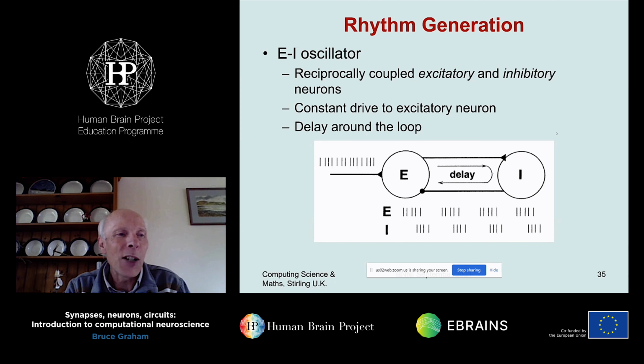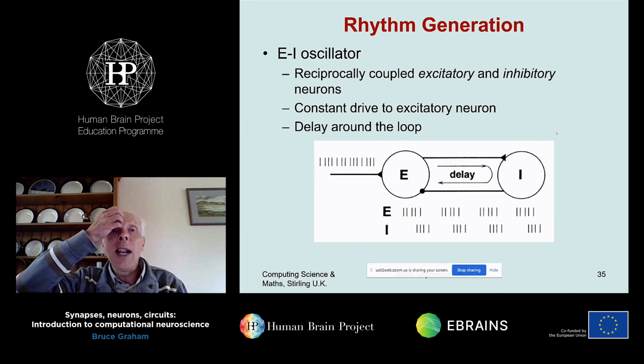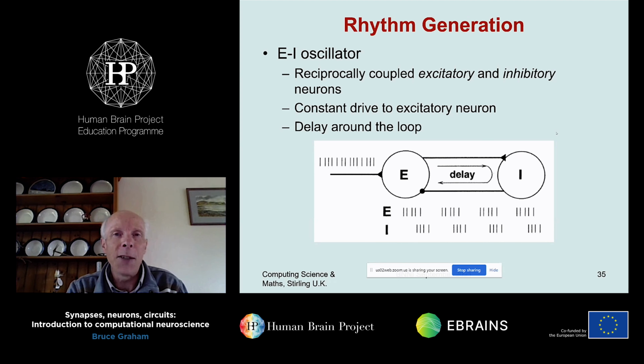The alternative to such random firing, though, is regular firing, and the brain does exhibit a lot of regularity in its firing. So there are a lot of different rhythms that we record in brain activity, and exploring those rhythms and how they're generated, how different frequencies of rhythm are generated, is also the subject of a lot of modeling and computer simulation work.